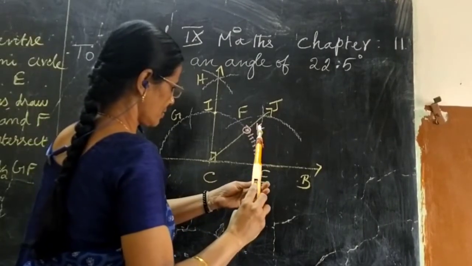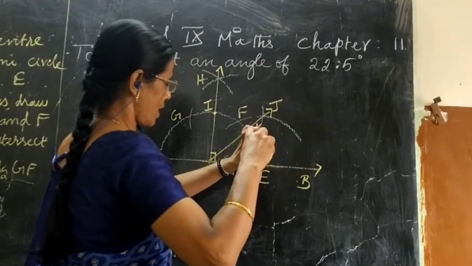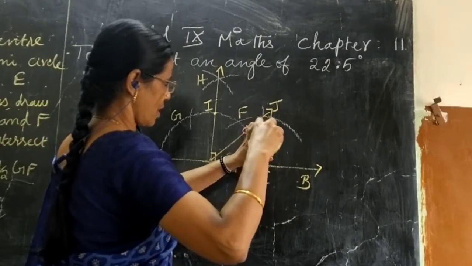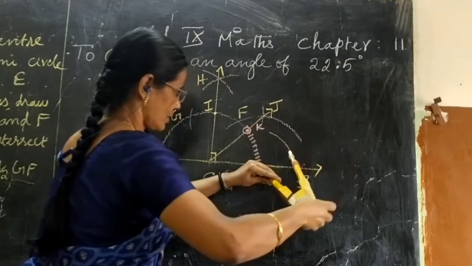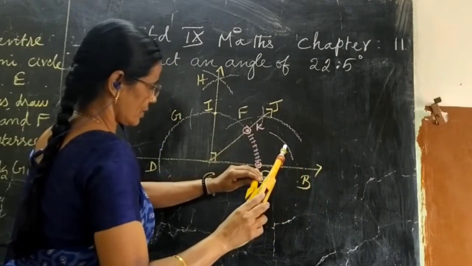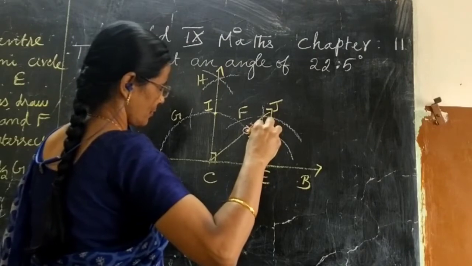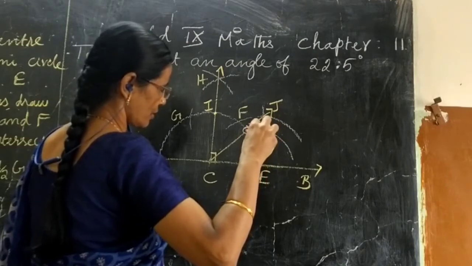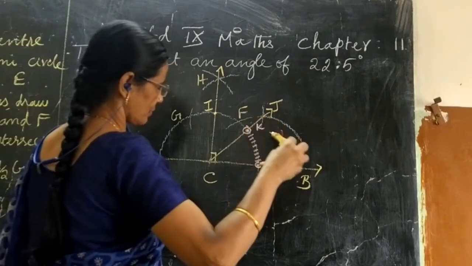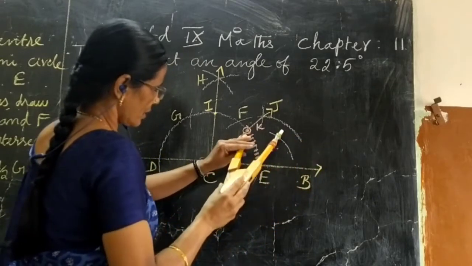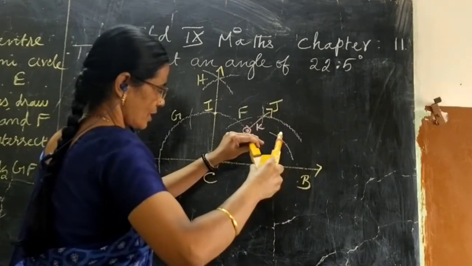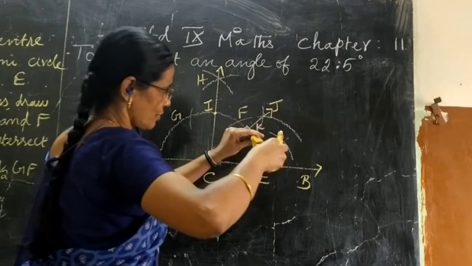E center, radius more than half of this length, and an arc is drawn. I have taken the full length here, so it is more than half of it. K center with the same radius, another arc. This is nothing but the bisector of an angle.